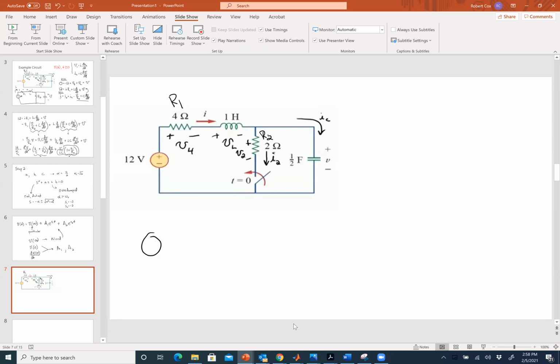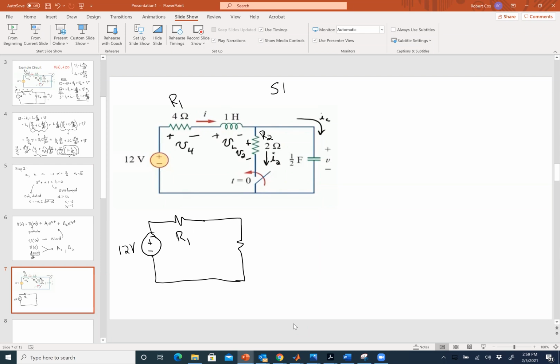So I've got 12 volts. I've got R1 and the inductor's a short. What about the switch here? What do I do with it? It's a branch, it flips. It becomes a short circuit. Yeah, it's a short, right? Because this is V infinity.